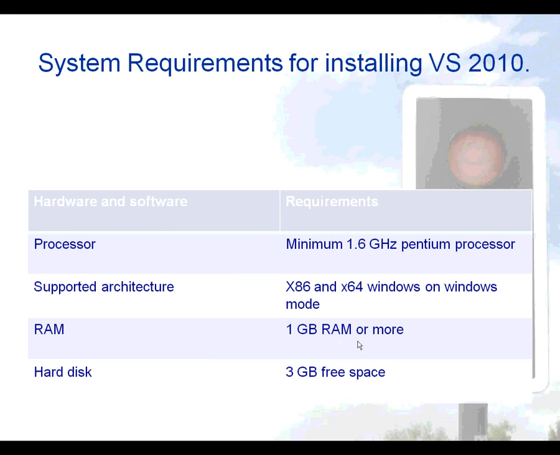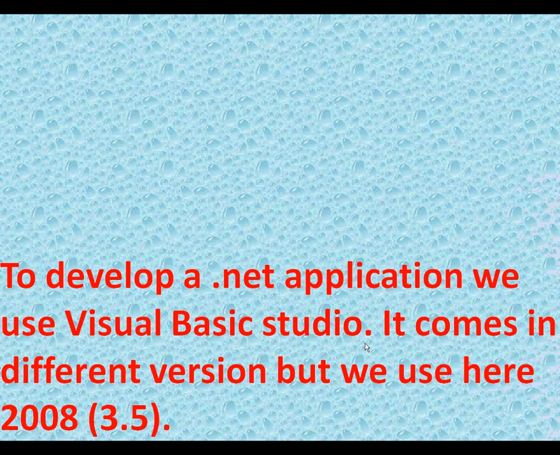The minimum requirement of RAM for Visual Studio 2010 or 2008 is 1 GB. Hard disk, 3 GB free space should be available. To develop a .NET application, Visual Studio comes in different versions, but we use here Visual Studio 2008, that is known as the 3.5 framework.